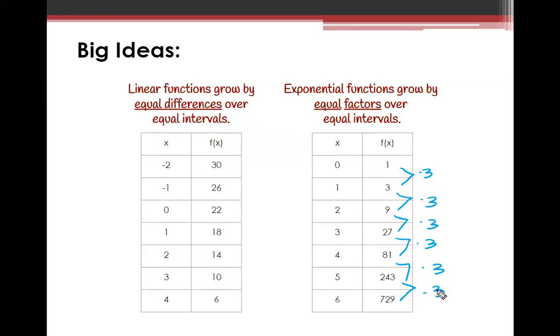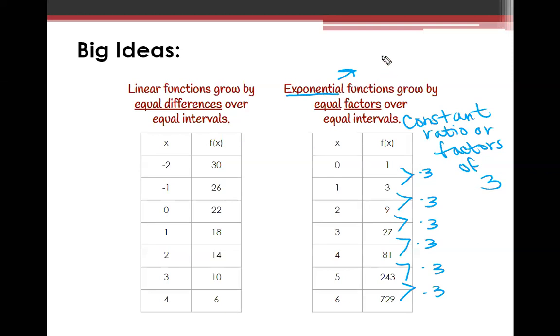Okay, so what do I have? Equal factors of what? I have equal or constant, put this down, constant ratio or factor of 3. That means that if I'm multiplying each time or dividing each time, what kind of function is that?